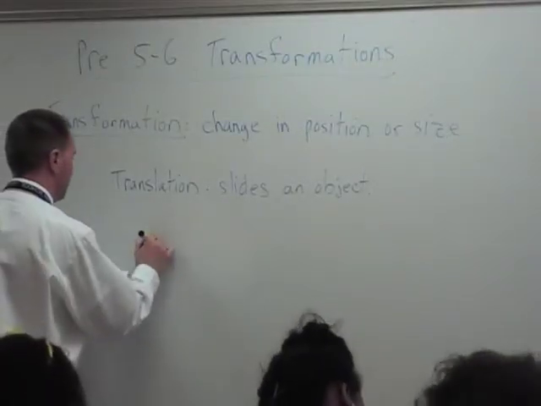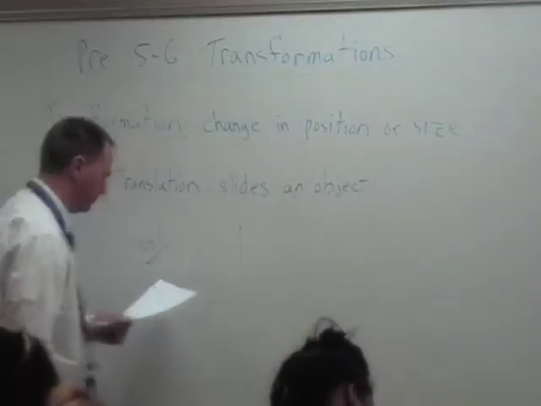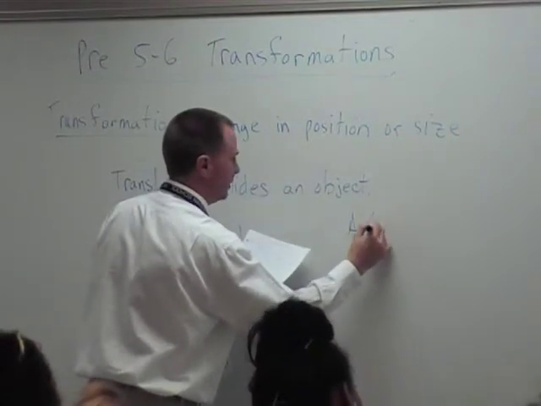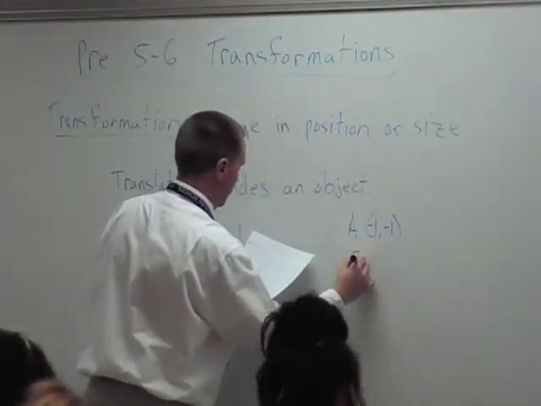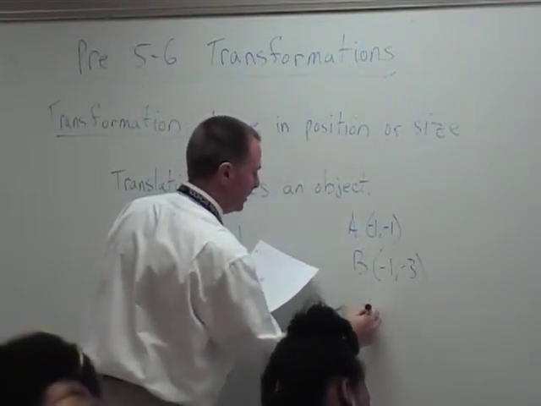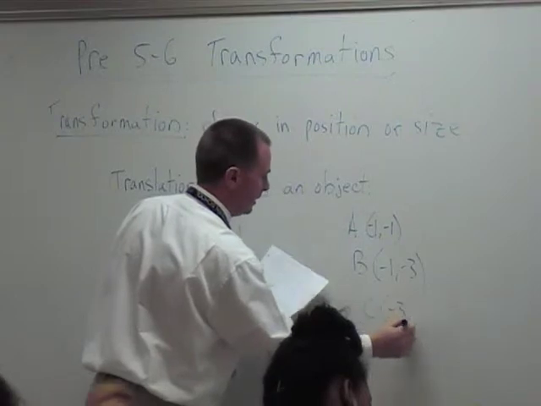All right, so let's do an example here. Example 1. Draw a graph. Here are your points. Point A is at -1, -1. Point B is at -1, -3. And C is at -3, -1.